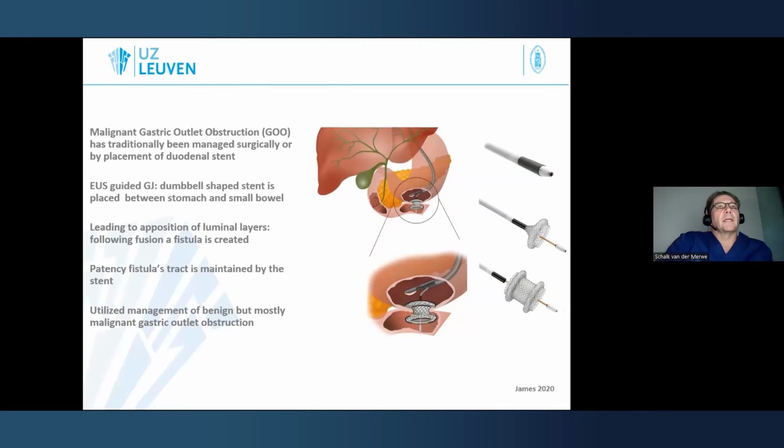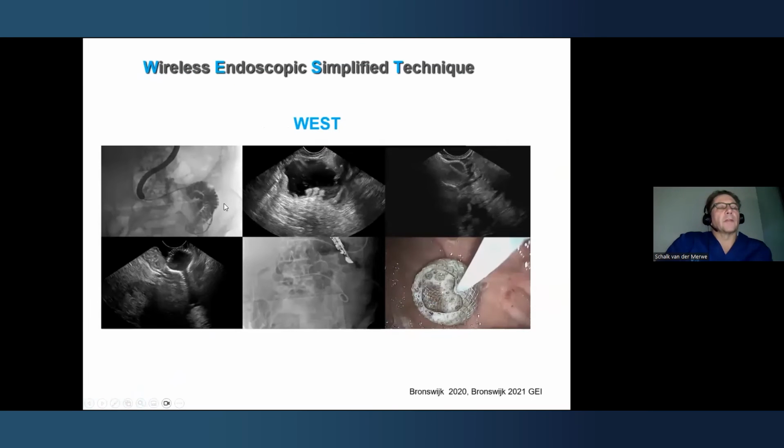But now with the development of EUS techniques, we can place a lumen opposing metal stent from the stomach to the small bowel, to the jejunum, circumventing the malignant obstruction. Food can now pass into the small bowel, creating a fusion of the layers and a stable fistulous tract that is incredibly useful in this patient population.